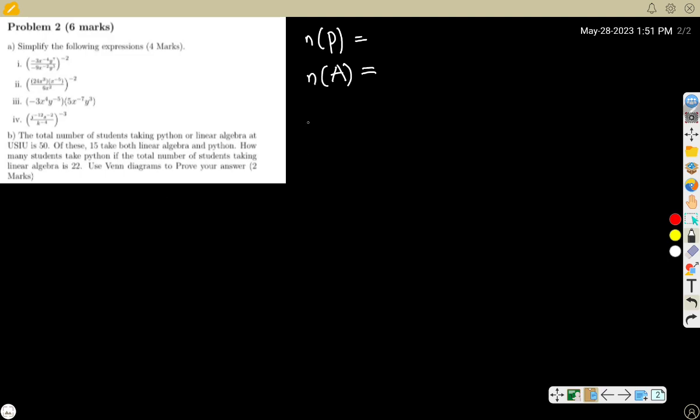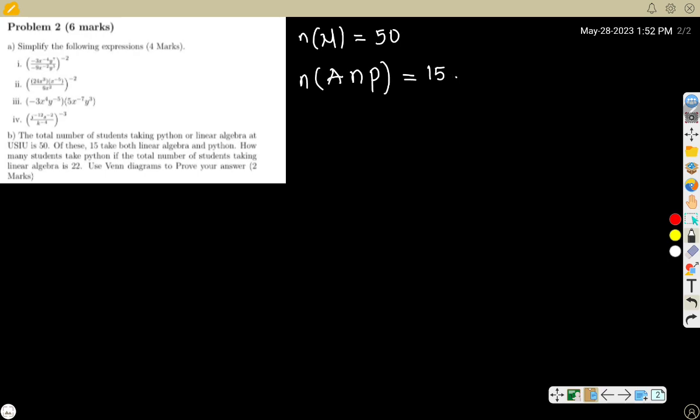So that means number of universal is 50. 15 takes both linear algebra and Python. Number of algebra and Python is equal to 15.